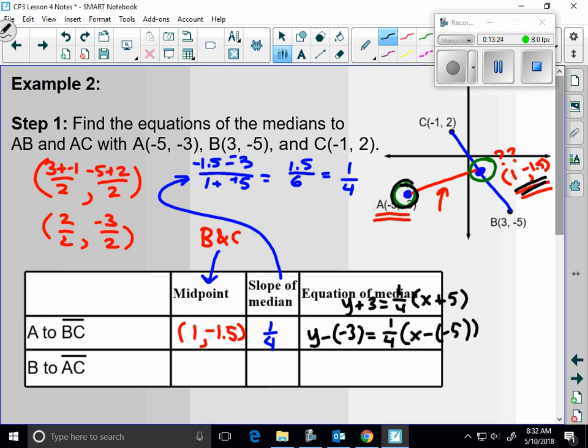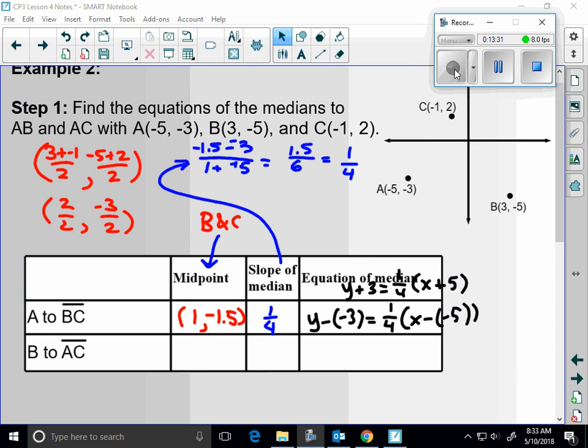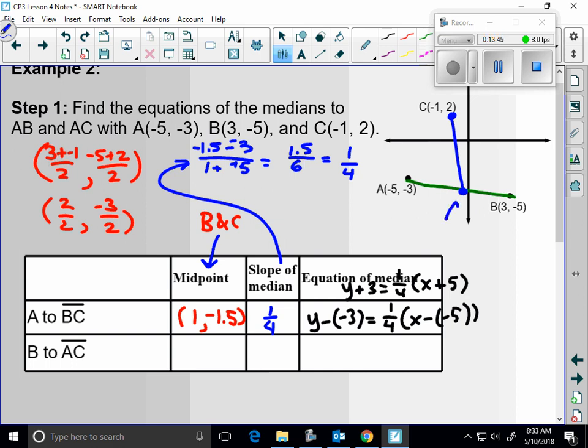And then I'm going to show you why the centroid is so awesome. Okay, if you're working on the second part, I want to find the median, the equation of this blue line right here, from C to the midpoint of AB. So I got to find that point. And then I got to find the slope of this line.